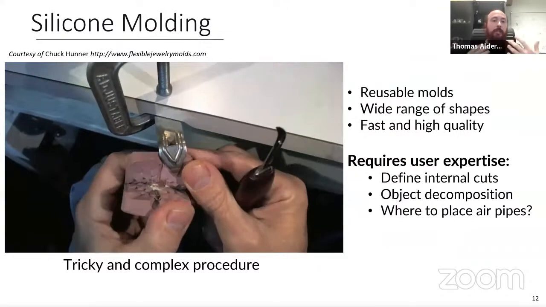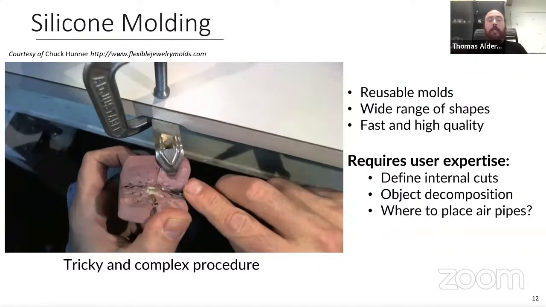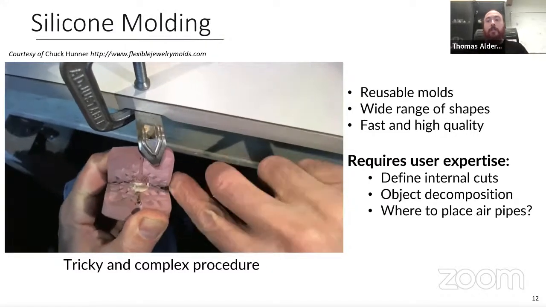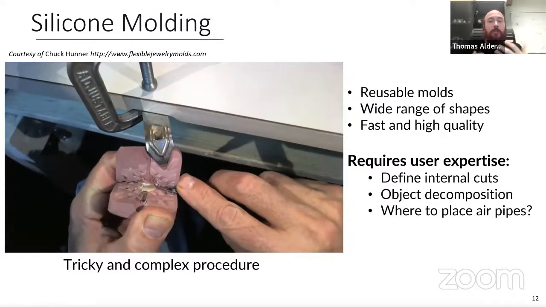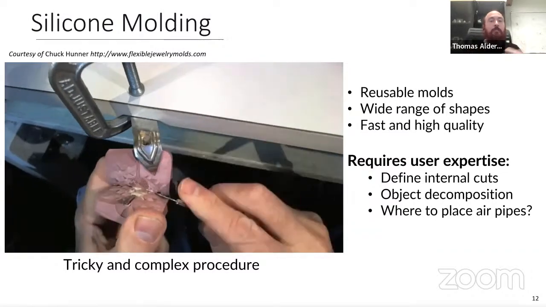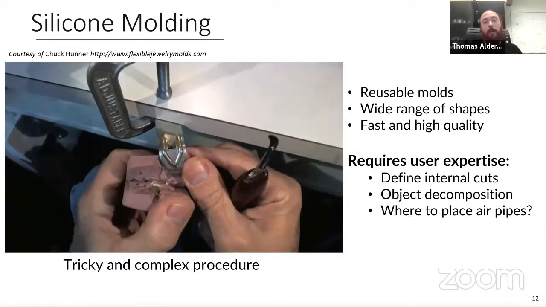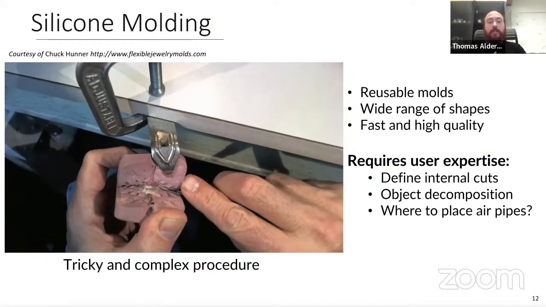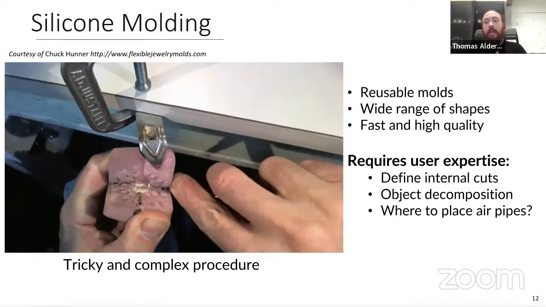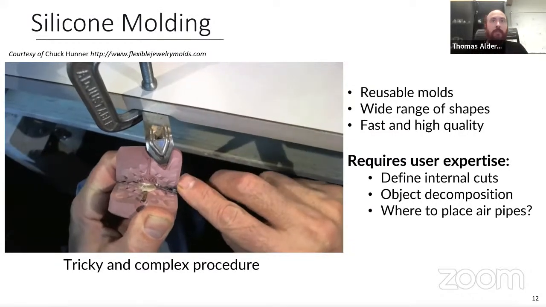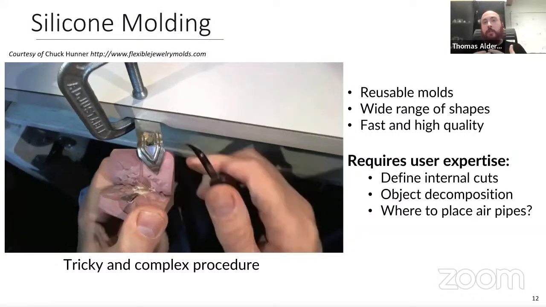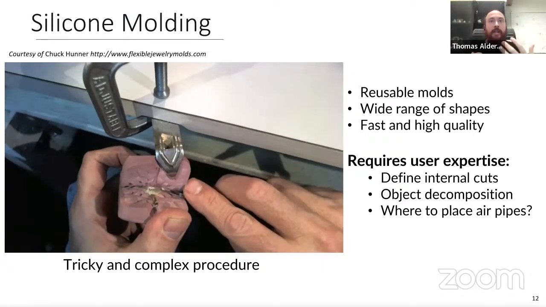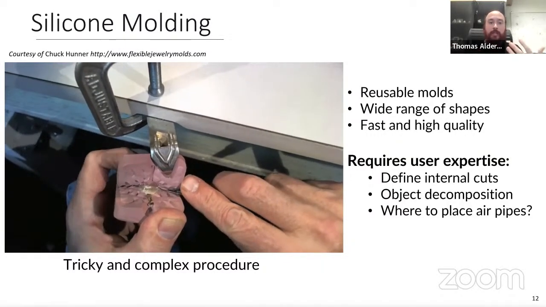Indeed, silicon molding or deformable molding is a widely used technique that artists and artisans use to be able to cast very intricate shapes for jewelry and sculpture. However, the problem with flexible molds is that creating these molds is still a highly manual and complex craft, in which the mold artists need to manually figure out and create all the internal cuts required to open the mold and release the object.